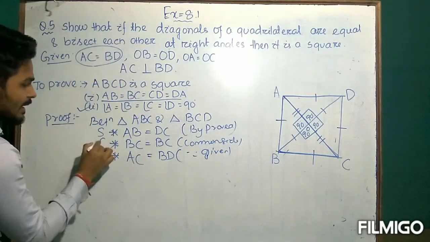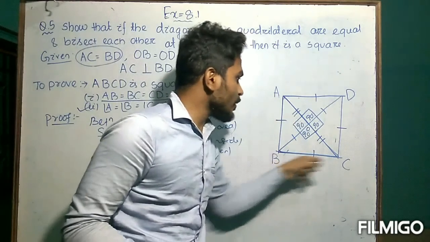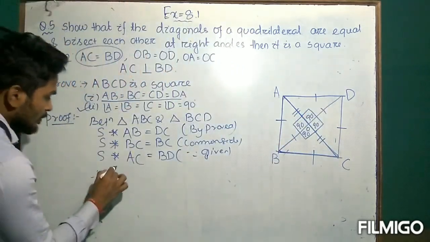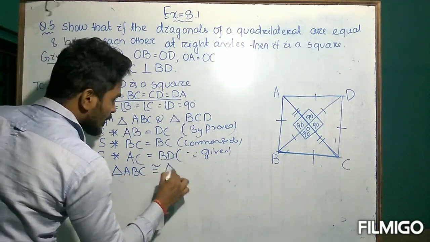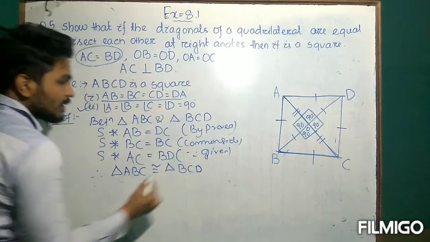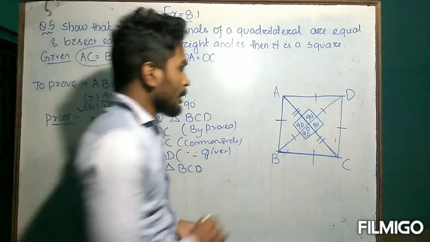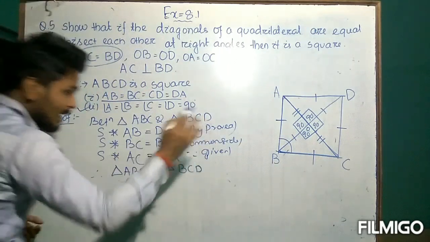So by SSS congruency we can write the triangle ABC is congruent to the triangle BCD. Understood? Now we will consider their corresponding parts. For the triangle ABC, B is an angle.